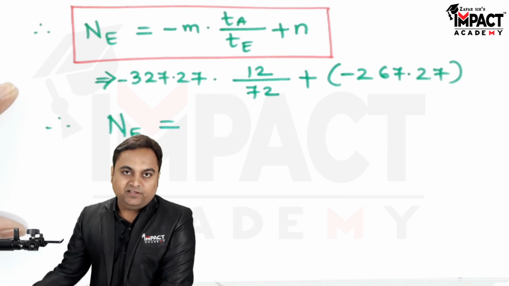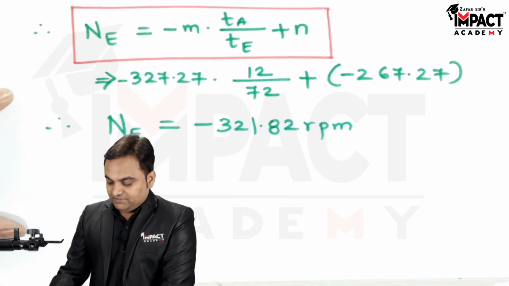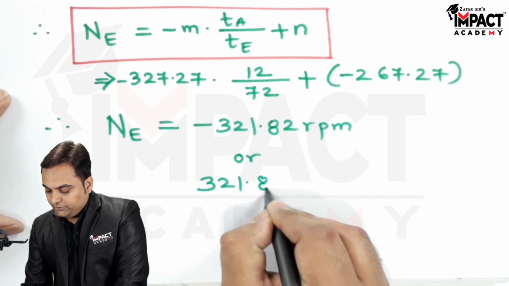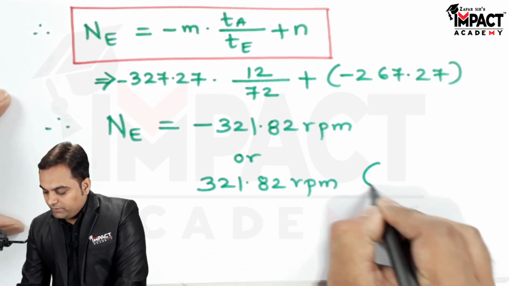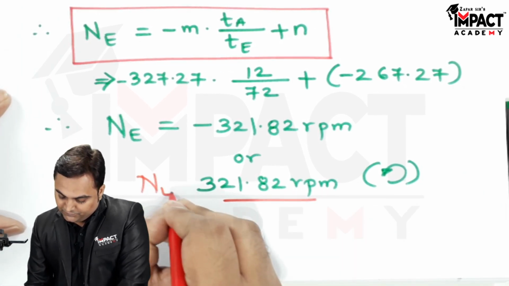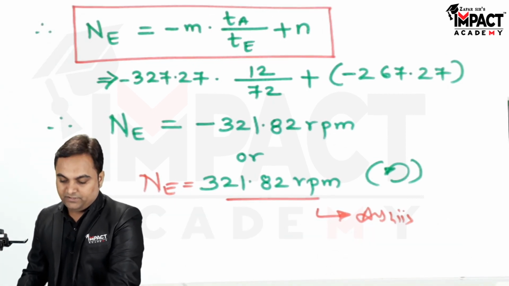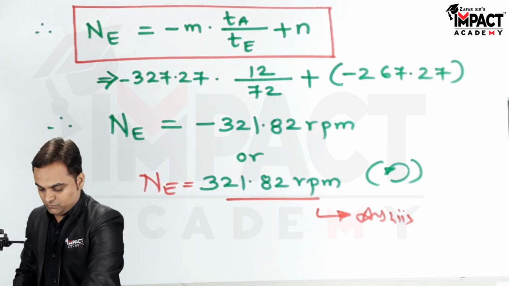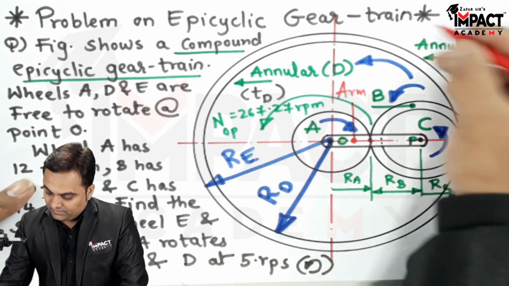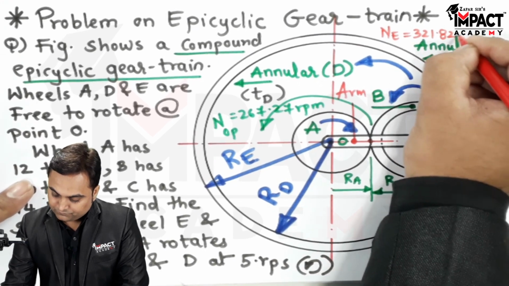Therefore, the speed of wheel E comes out to be minus 321.82 rpm, or 321.82 rpm in an anti-clockwise sense because of the answer being negative. So that's the speed of wheel E. It means under the given conditions, wheel E would also be rotating in an anti-clockwise manner at a speed of 321.82 RPM.